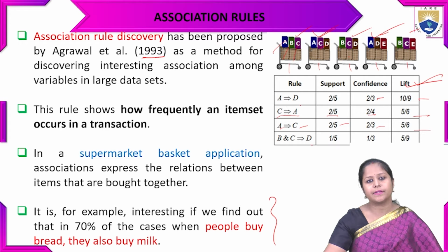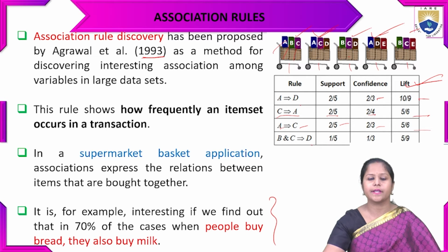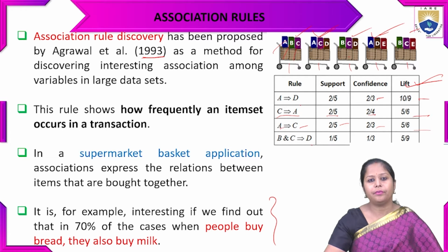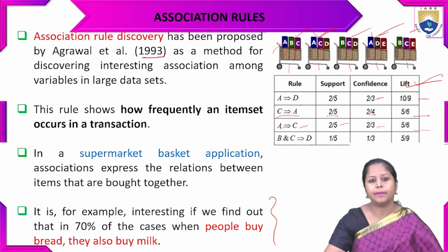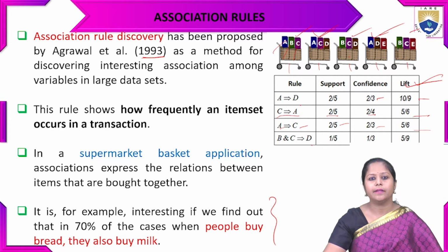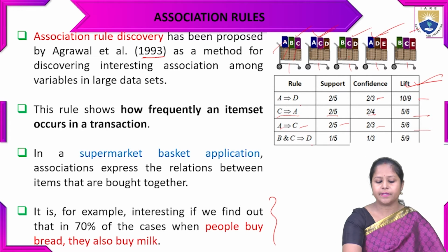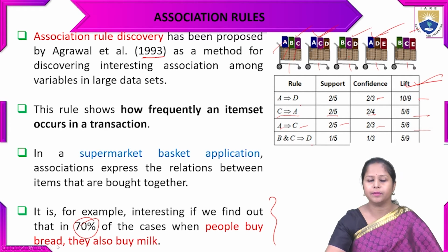If one customer buys milk, he is definitely going to buy bread in that one transaction. That will be the frequent item set. The chance is 70% that he is going to buy the bread in that transaction.